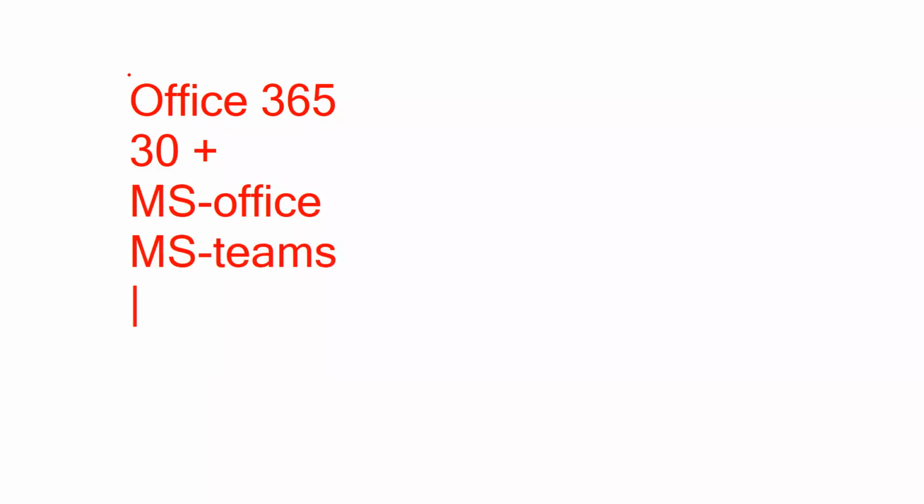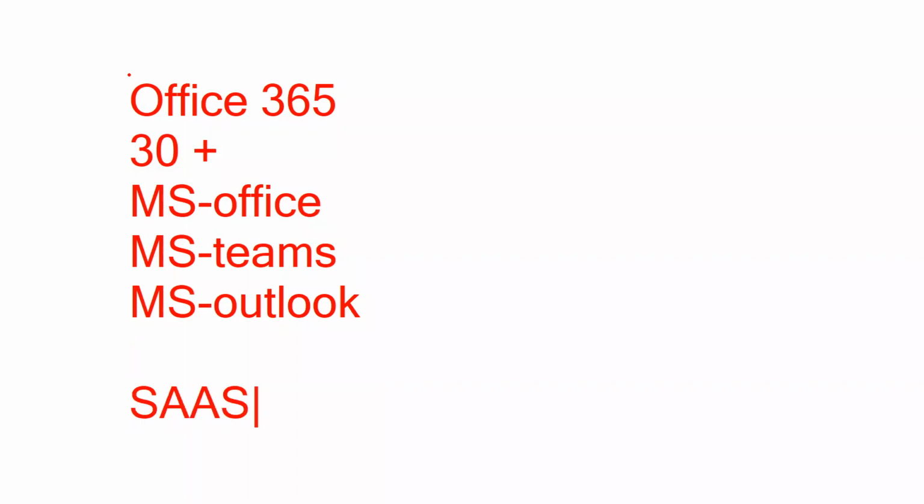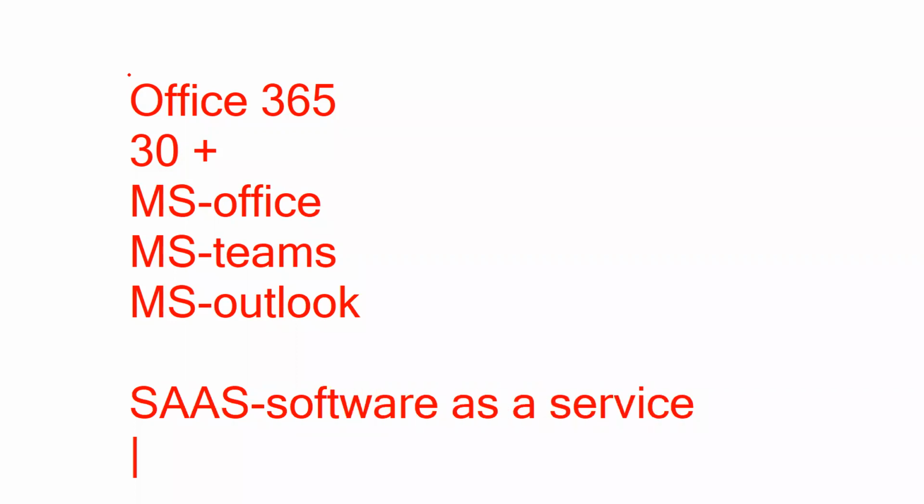So first thing, MS Office. Next, MS Teams. Next, MS Outlook. These are built in. You need not worry about configuration management of this software. So these come under SaaS, software as a service.